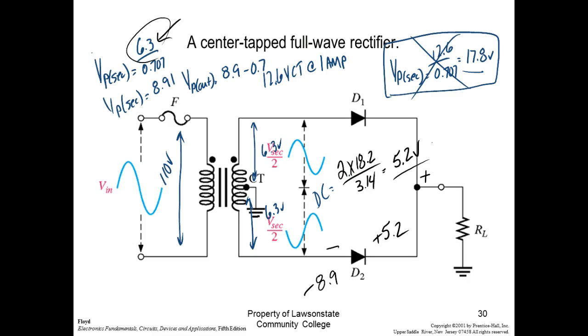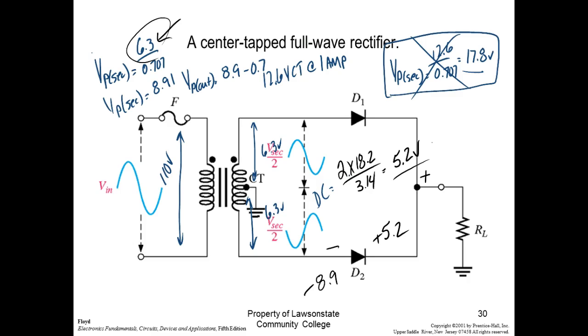We change the sign of the subtrahend and we add them, right? If I change my minus 8.9 to plus, then that's plus 8.9 plus 5.2. So what we're looking at is a difference of potential. That diode would have to block about 14 volts.